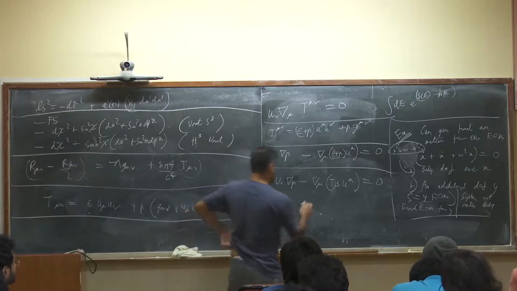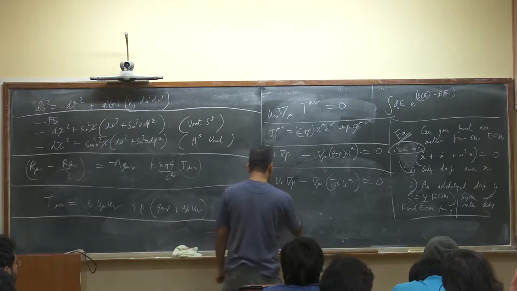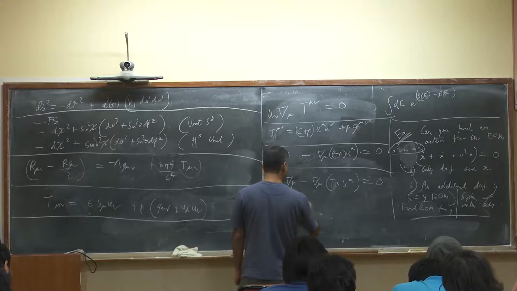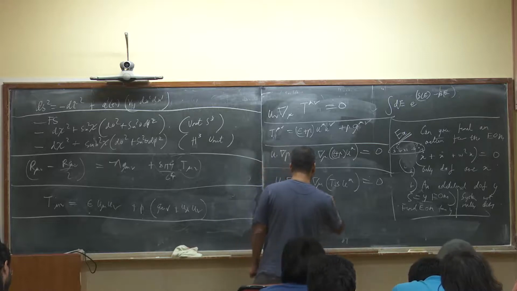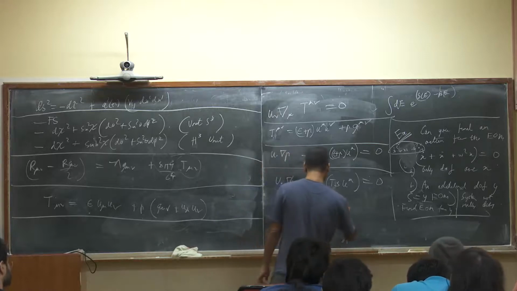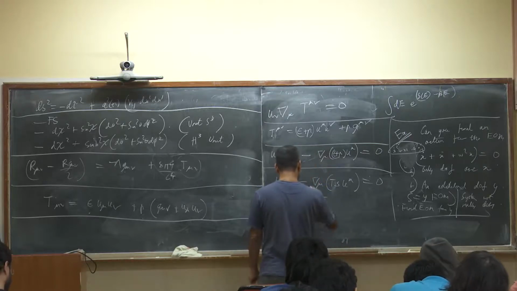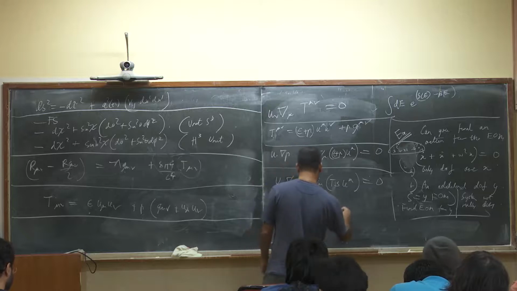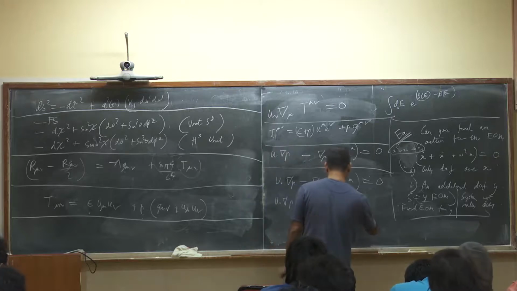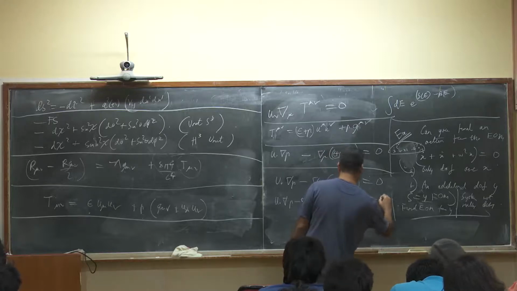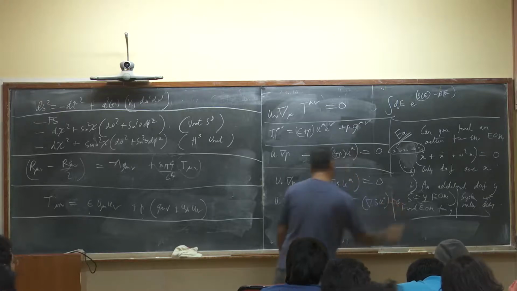Now this I can write as u dot del p minus s u dot del t minus t into del dot s u is equal to 0.